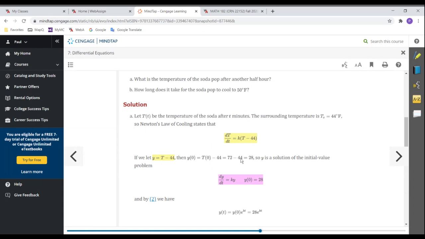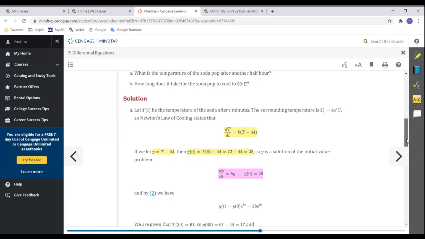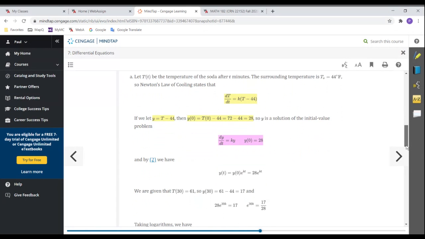But your initial value would not be the temperature itself. Since y was equal to T minus 44, y of 0 would be T of 0 minus 44, which is 72 minus 44, which is 28. So they rephrase Newton's law as an exponential decay model, the one in pink that you see.